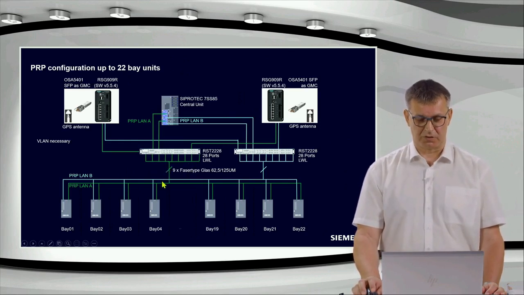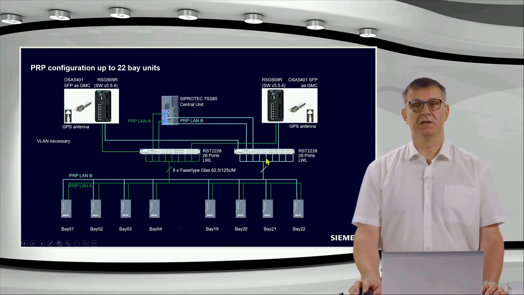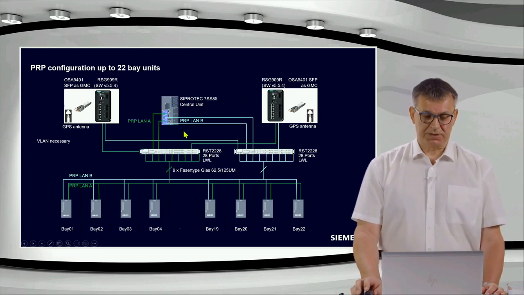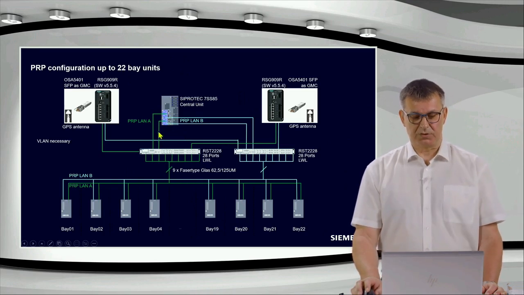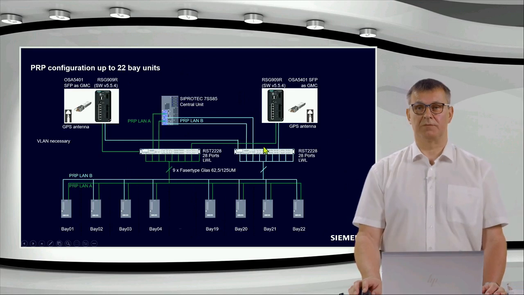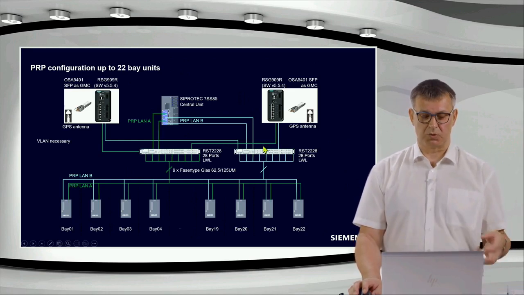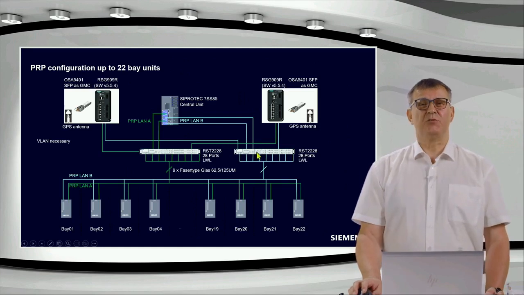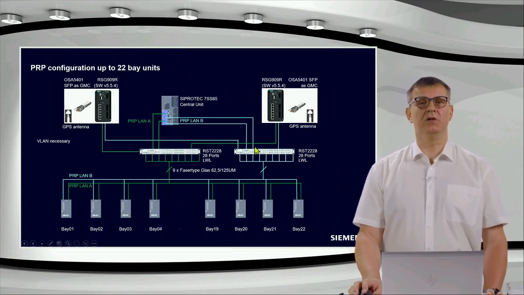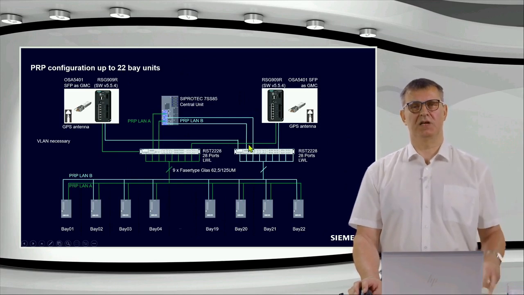That's a switch for LAN A, that's a switch for LAN B, and also each Ethernet BT module must be connected to each LAN, must be connected to switch 1 and to switch 2, to have really a full PRB redundancy according to IEC 61850.